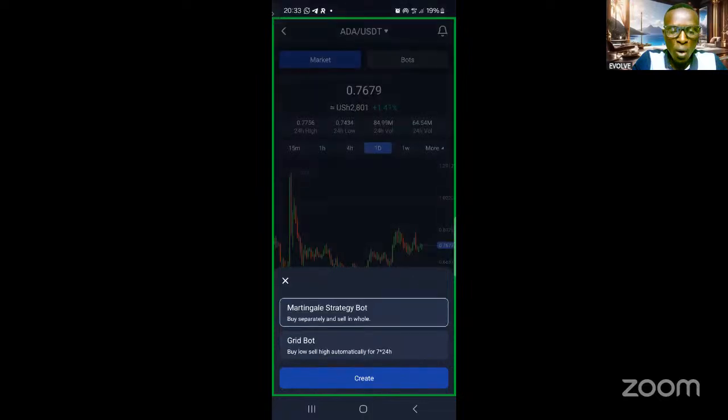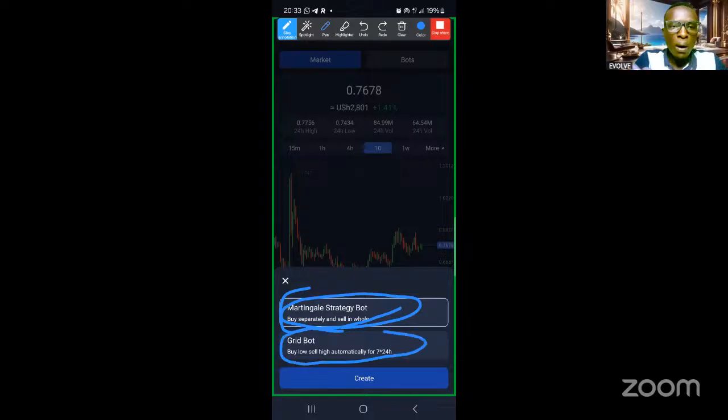They are going to ask me, which robot or which bot do you want to use to trade? Because Royalq has 2 robots. Royalq has the martingale strategy bot.